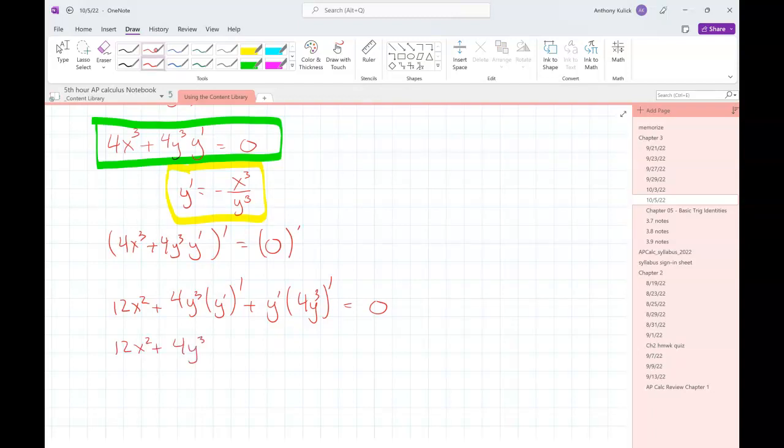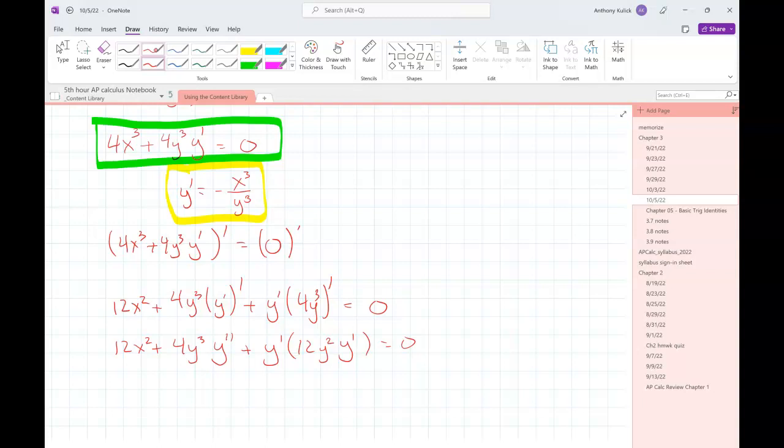The derivative of the first derivative is just the second derivative. The derivative of 4y cubed becomes 12y squared times y prime. Does that feel okay with everybody? Now, if I do y prime times y prime, does that give me y double prime? No. It would give you y prime squared, but not y double prime. Everybody's good with that?